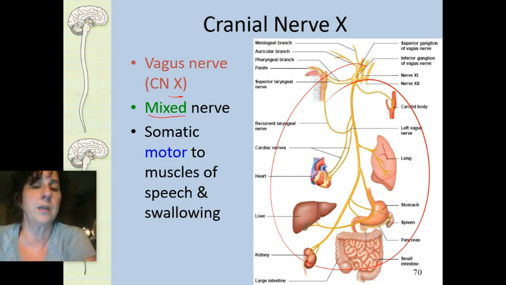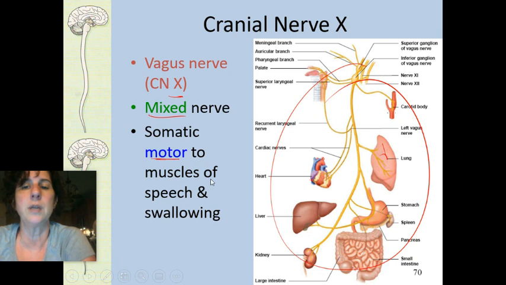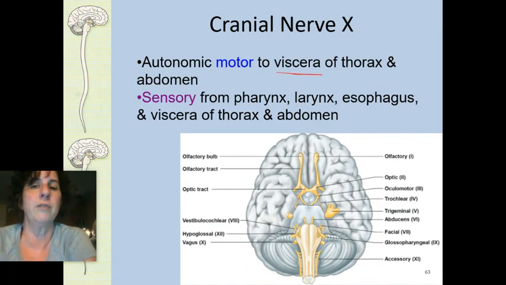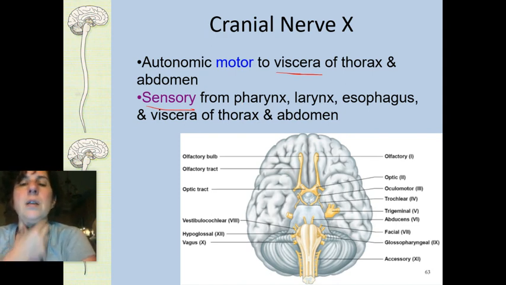It is also a mixed nerve, so it's got motor to speech, swallowing, but it's also going to go down into that lower portion in there. So we have the motor for the viscera in those two areas I talked about, thorax and abdomen. And then sensory coming in from the pharynx back here. The larynx, which is your voice box, that is not larnyx, by the way. Look at the word.